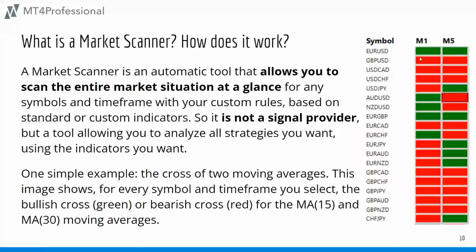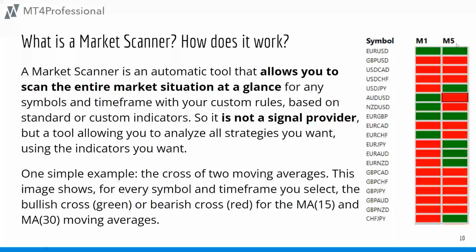A bearish cross would be when the 15 period moving average crosses below the 30 period moving average, giving me a red signal. So very quickly, if these conditions are true, I should see which instruments are bullish and bearish, not only for my main time frame, but for the longer time frame as well.